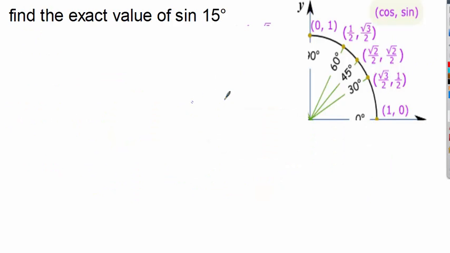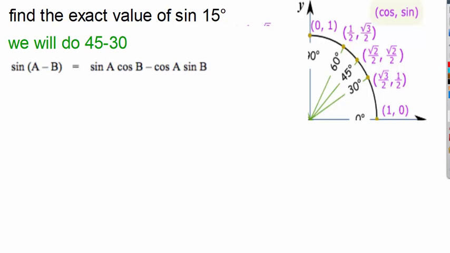So for sine of 15, I'm actually going to use 45 minus 30. And that's the subtraction rule. The only thing that changed, right there, everything else is exactly the same.